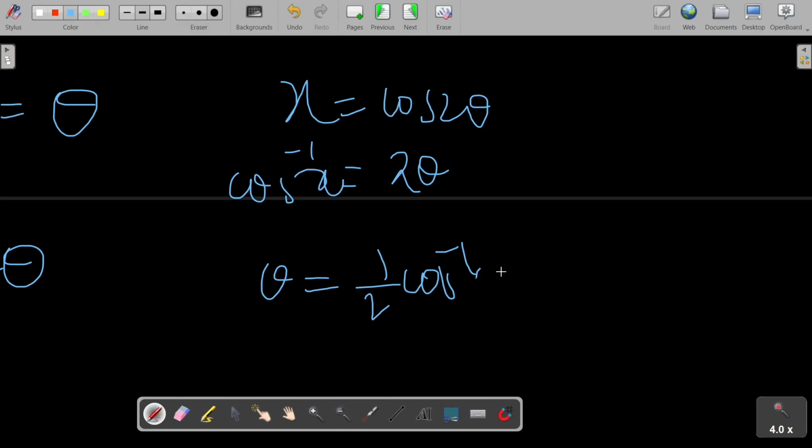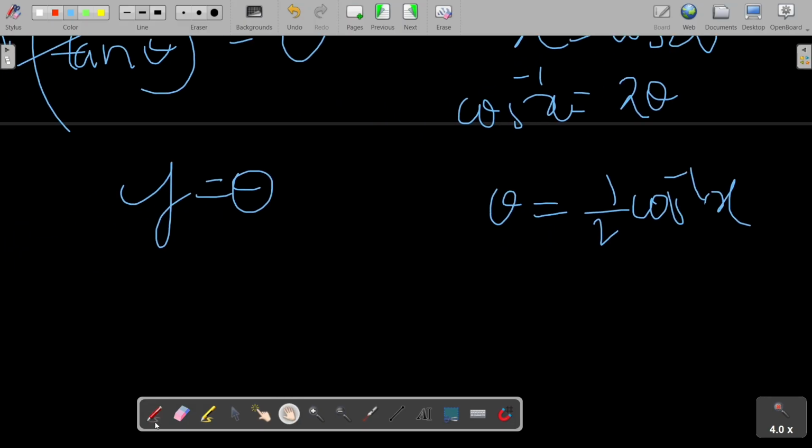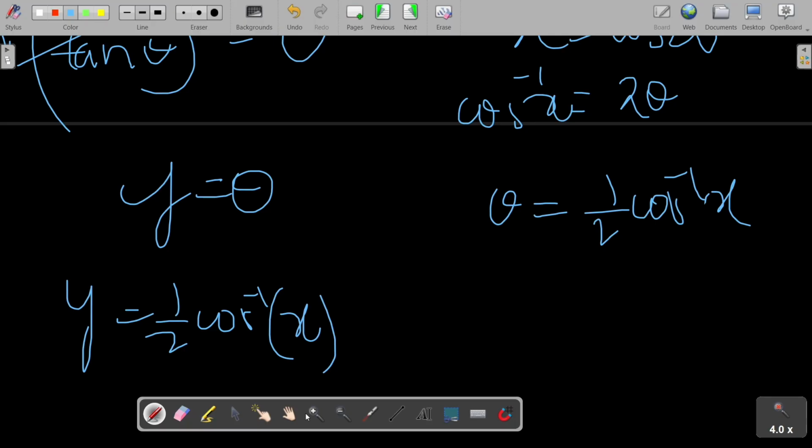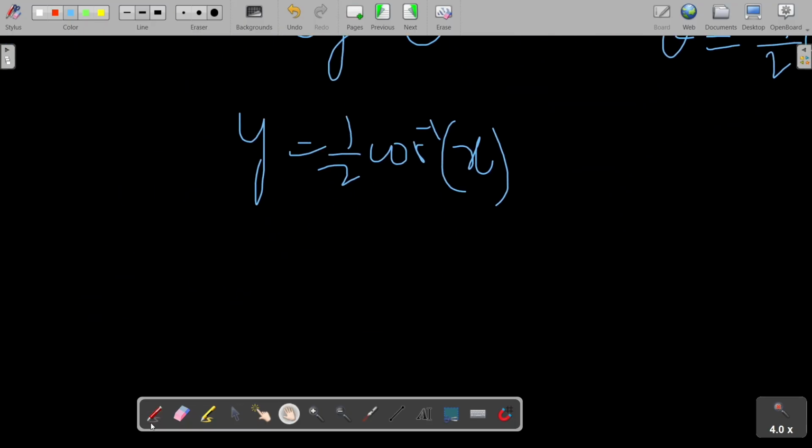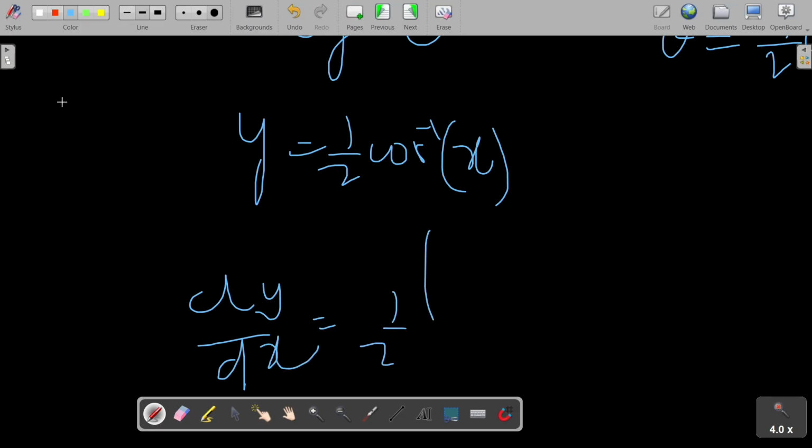So I get y is equal to 1 over 2 cos inverse of x. Now I need to find dy over dx for this. So 1 over 2 is a constant, and the derivative of cos inverse x is -1 over root of 1 minus x squared.